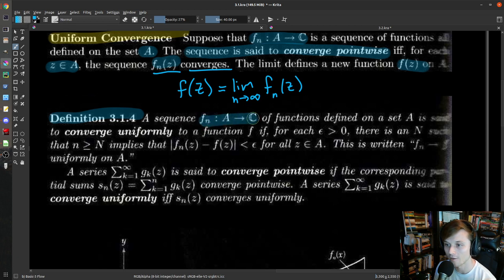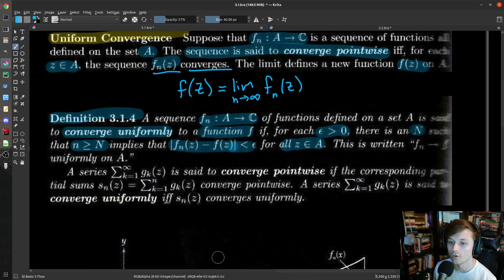A sequence f_n of functions from some domain A into the complex plane, same setup as before. We say that this converges uniformly to a function f if, for every epsilon greater than 0, there is some big N such that for little n greater than or equal to big N, the absolute value of f_n evaluated at z minus f of z is less than epsilon for all z in your domain.